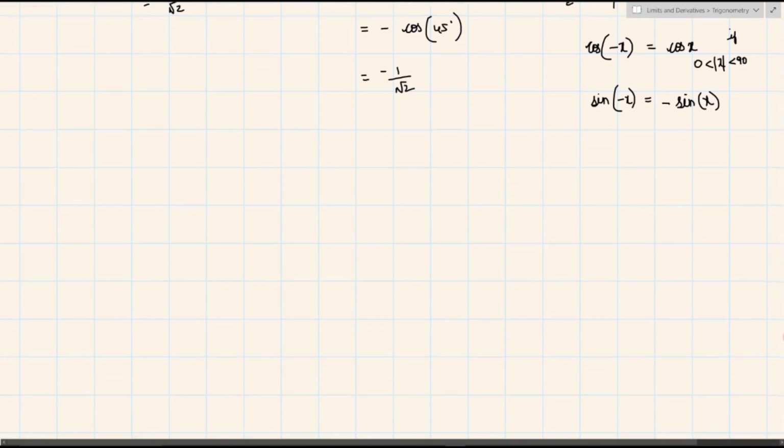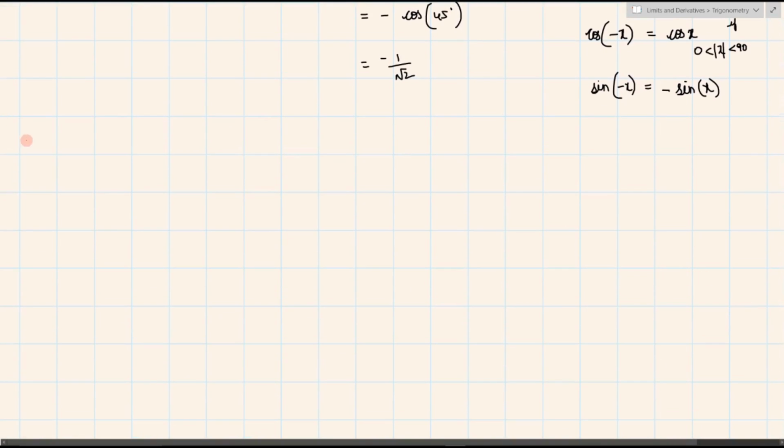Okay, so now we'll jump on to the numericals. Exercise 3.2. The first question is, we have to find the values of the other 5 functions. The first question is cos x is equal to minus 1 by 2.